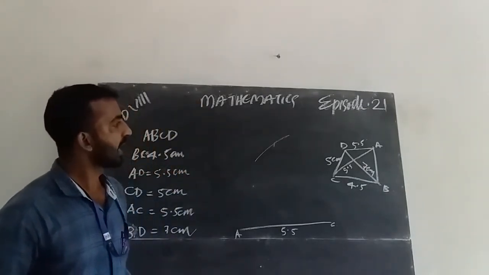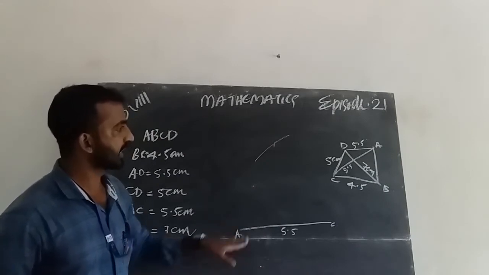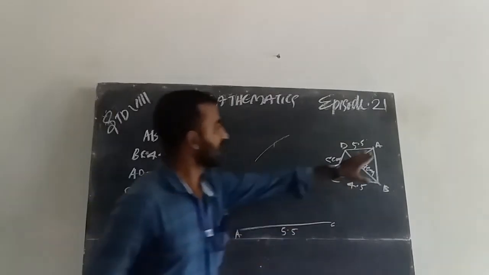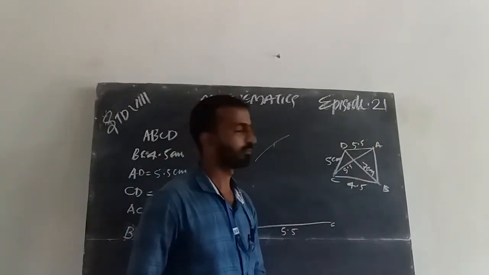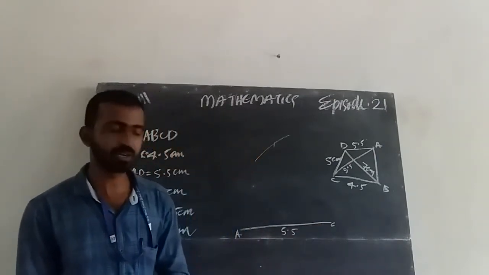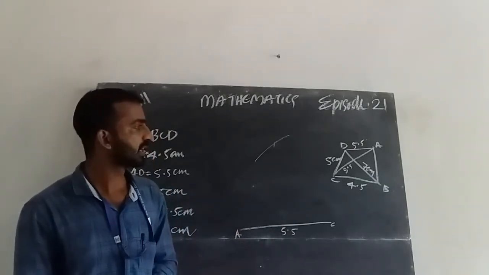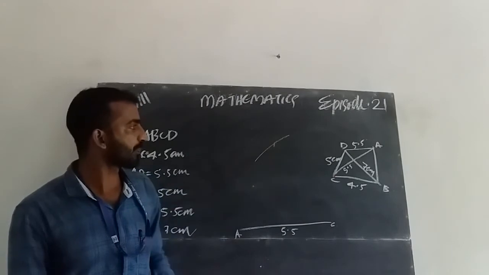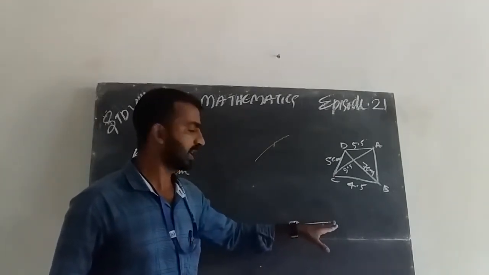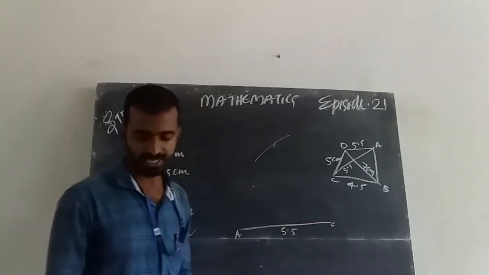And next we draw what? From A, because AB is not given. First we draw a diagonal 5.5 centimeter. We denote AC. And next we draw 5 centimeter distance from C. Is it? Yes.